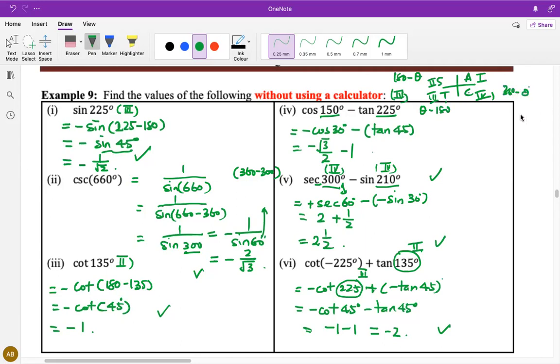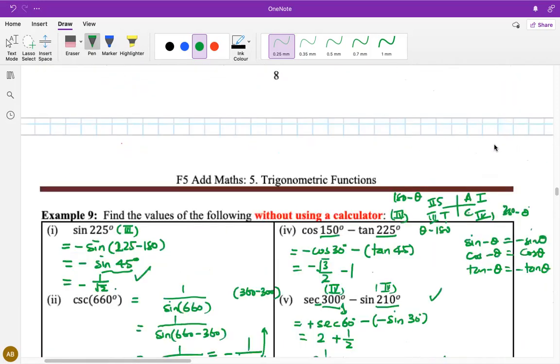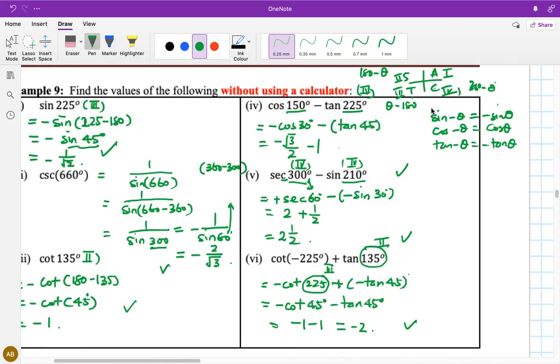Also, sine negative theta is negative sine theta, cos negative theta is cos theta, and tangent negative theta is negative tangent theta.